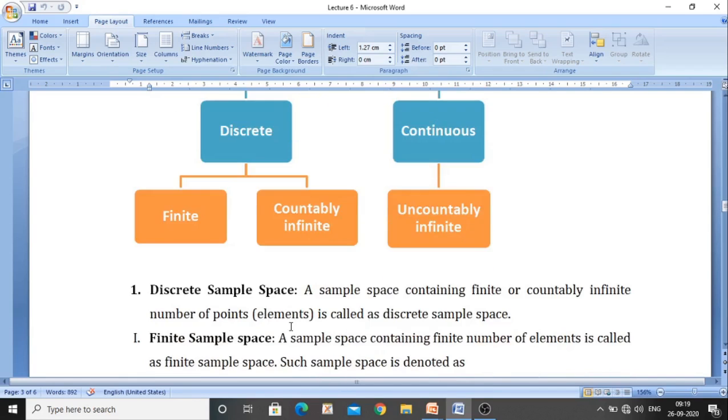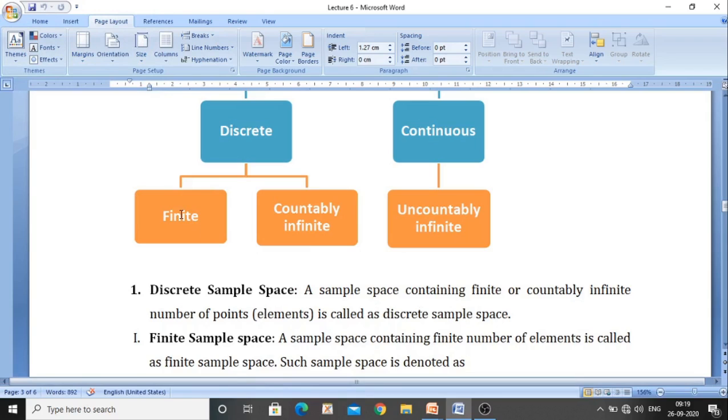So, a discrete sample space: a sample space containing finite or countably infinite sample points, or elements, is called a discrete sample space. So here itself is the definition. A sample space that contains either a finite or countably infinite number of points is called a discrete sample space.